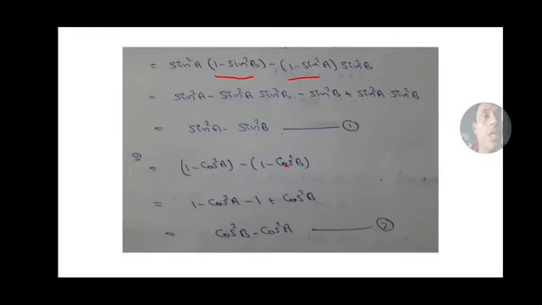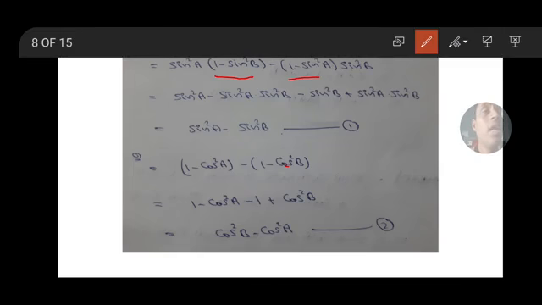So simplification, we are substituting the formulas for cos square b and cos square a. Sin square a into 1 minus sin square b gives sin square a minus sin square a into sin square b, and minus 1 minus sin square a into sin square b gives minus sin square b plus sin square a into sin square b.